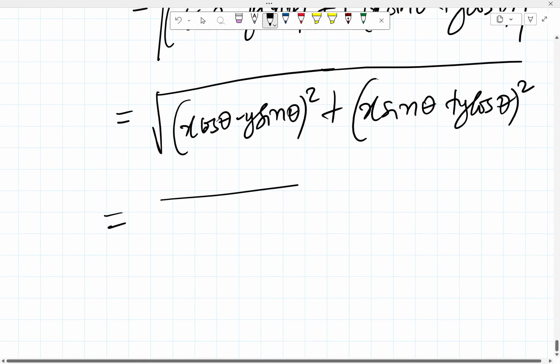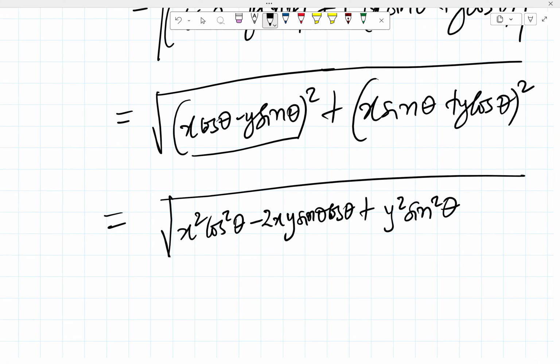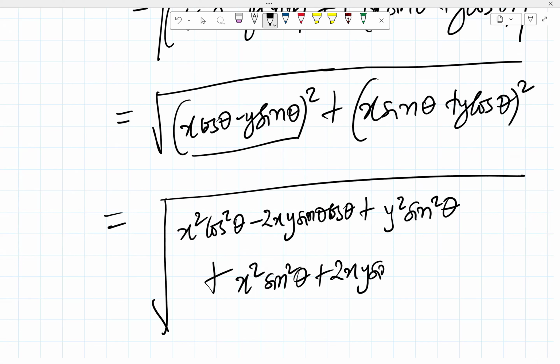So we can expand all of this now. If you expand this, it is x squared cos squared theta minus 2xy sine theta cos theta plus y squared sine squared theta. That is for this part alone. Then for the second part, x sine theta plus y cos theta all squared, that's x squared sine squared theta plus 2xy sine theta cos theta plus y squared cos squared theta.